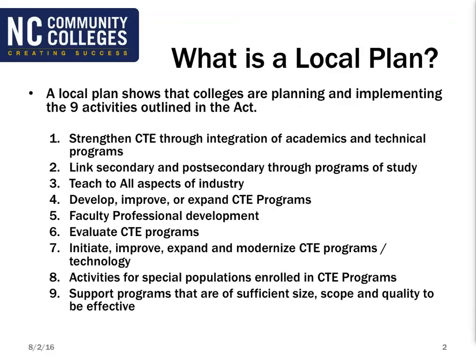This document is a listing of the activities that you're going to be doing throughout your year that help strengthen your career and technical ed programs, how you link with your secondary partners, connect there with all aspects of industry, how you're going to improve and expand or develop new programs, professional development, how you're going to evaluate your programs, and how you're going to modernize, expand what you have, and work with your special population students.